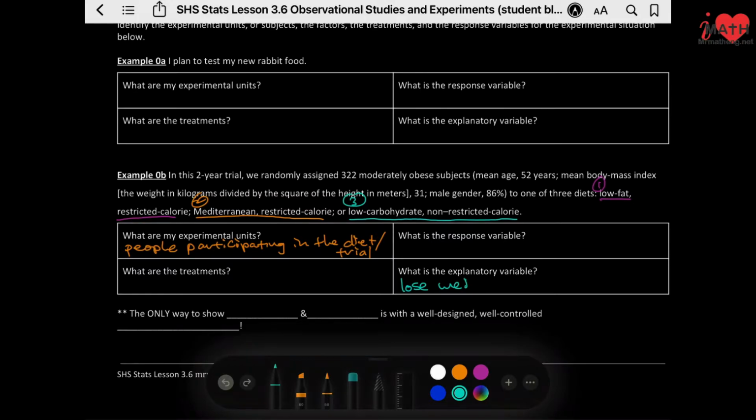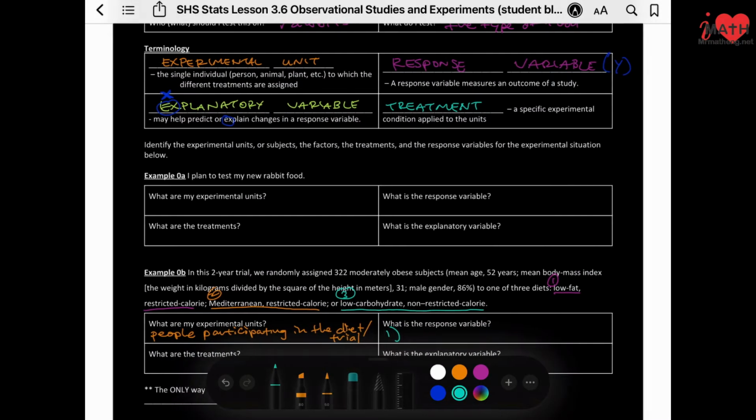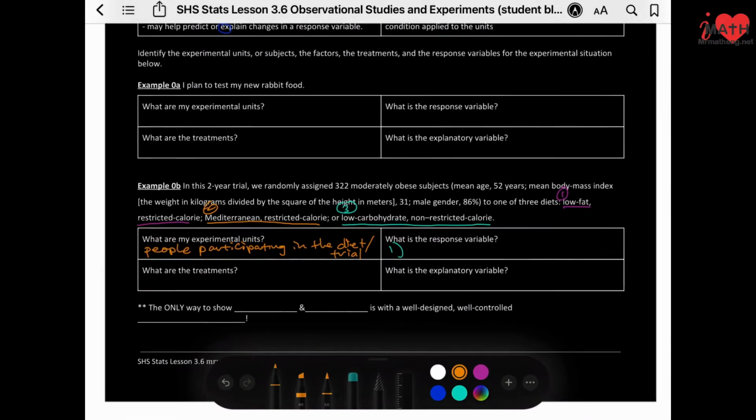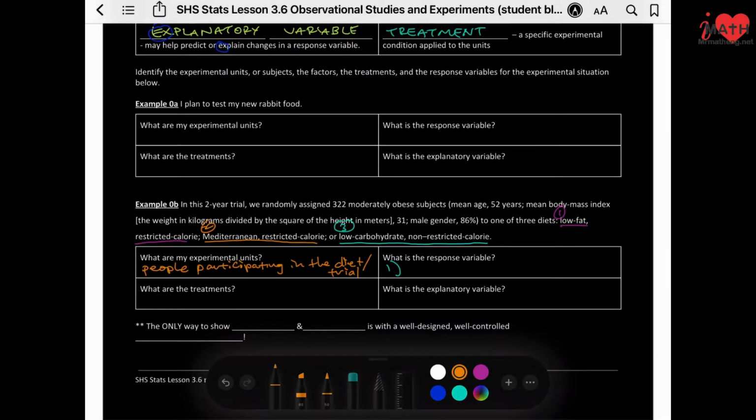So these are the results. If they lose weight, and their level of cholesterol.